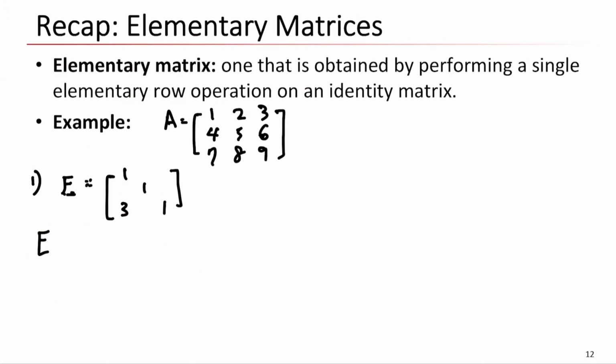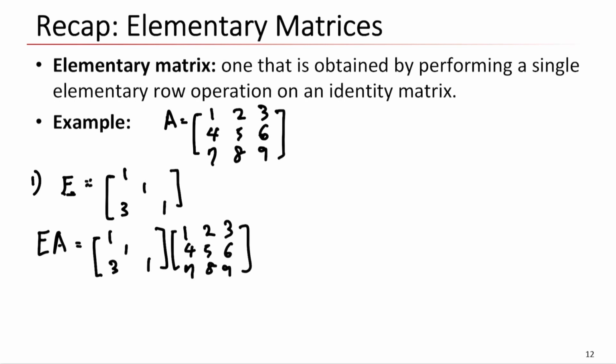Then what is E times A? We already know how to multiply the matrix, right? Then it is 1, 2, 3, 4, 5, 6, then 3 times 1 plus 7, 3 times 2 plus 8, 3 times 3 plus 9.